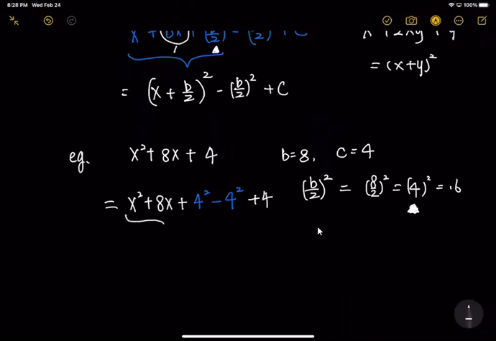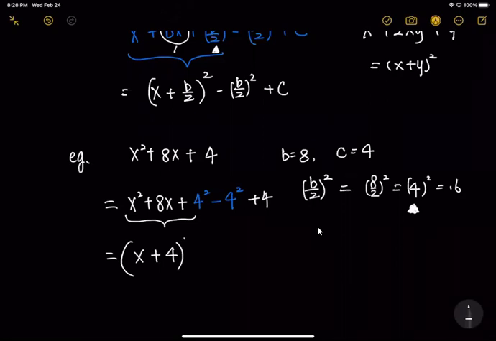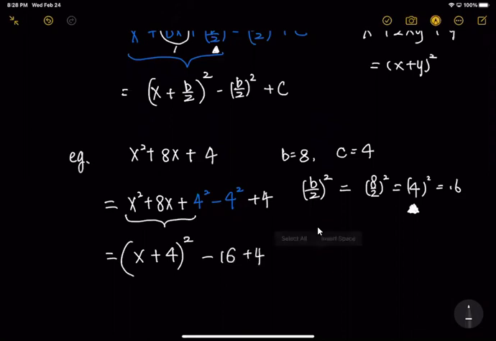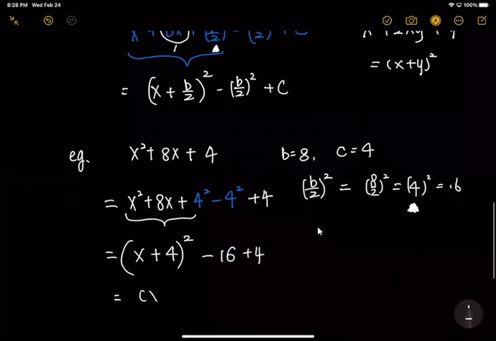Okay, so the first 3 terms equal (x plus 4) squared, minus 16 plus 4. We simplify the terms, and what remains is minus 12.